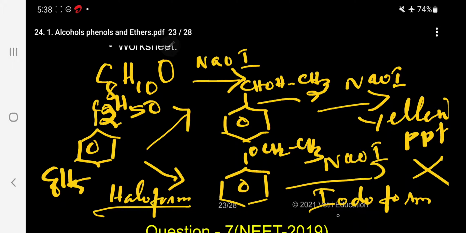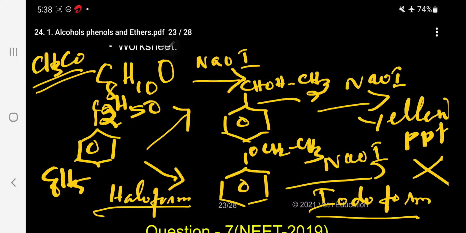What is the iodoform reaction? Any compound containing an acetyl group, or a compound that on oxidation gives an acetyl group, will answer the iodoform reaction, or generally the haloform reaction.